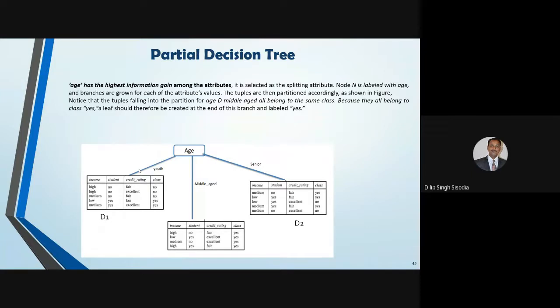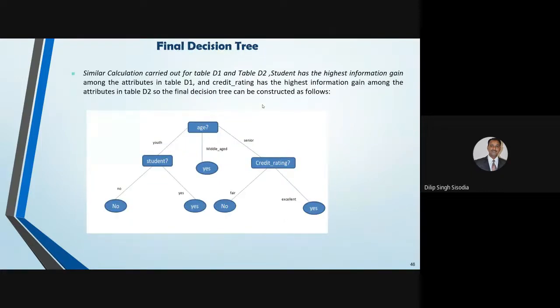So there is no possibility of further splitting, and this node will be converted into a leaf node. The same process we did with the whole data set, we will perform with D1 and D2. And ultimately, this tree will be converted into this. So this is our final decision tree.